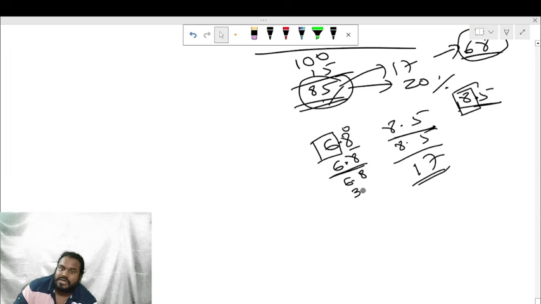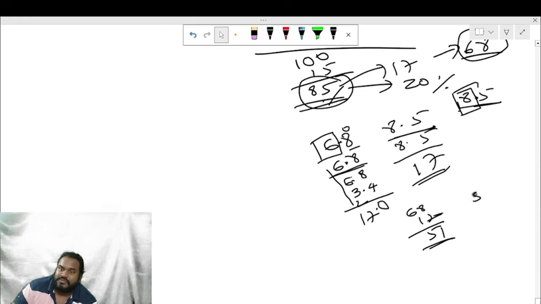So half of 6.8, which is 3.4, is 5%. You add these three to get 25%. 8, 8, 16, 4, 20. 6, 6, 12, 15, 17. Again 17 you have to remove. So out of 68, if you remove 17, it will be 51.